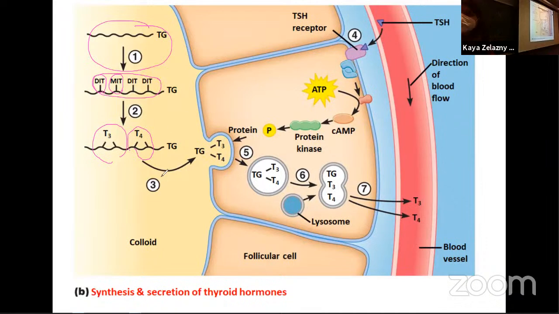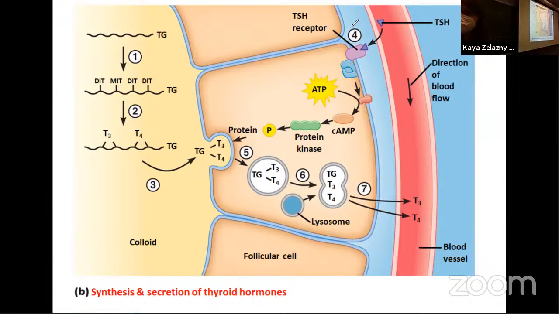Okay. So now that we have our T3 and T4 bound together, made from this thyroglobulin, we're going to pull that out of the colloid and into the follicular cell, so into that edge of the follicle. Now, once we do that, we need some kind of signal that tells us it's actually time to release those thyroid hormones before we move anything into the bloodstream.